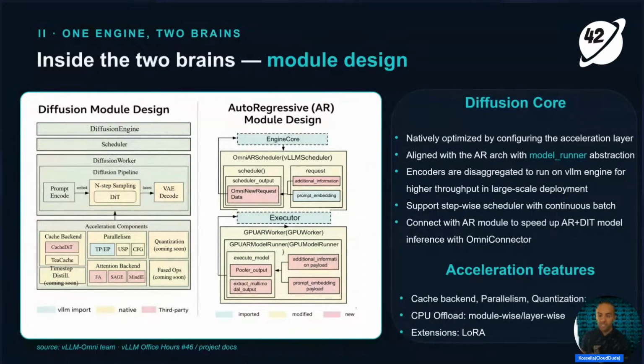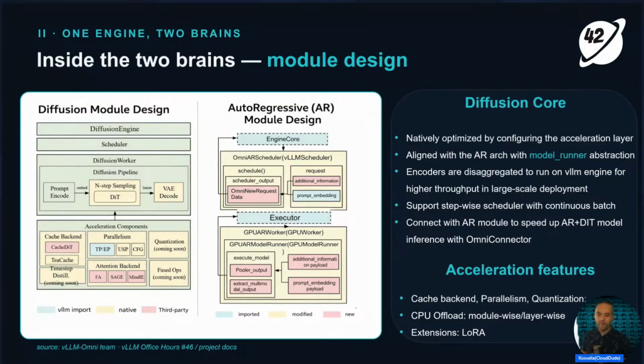You also have KV cache and prompt embedding, that's also exchanged between these stages, and you also have latent data for encoded content, right? So those data are transferred between each one of these stages. This is a very critical piece of the architecture because all of these modules require a flawless interconnection.